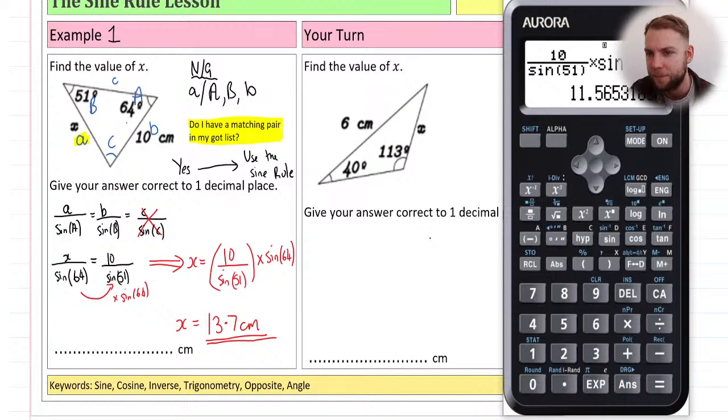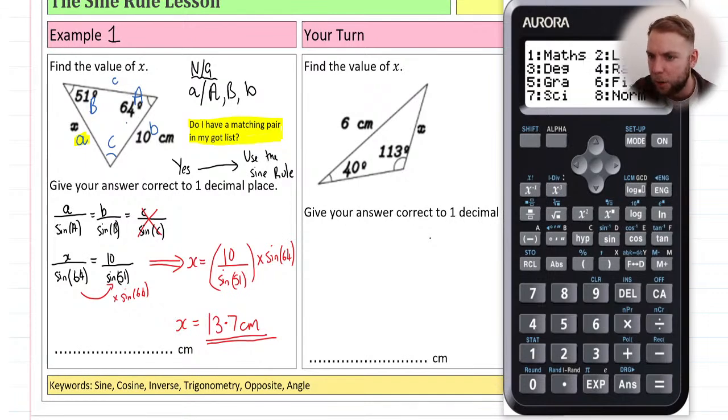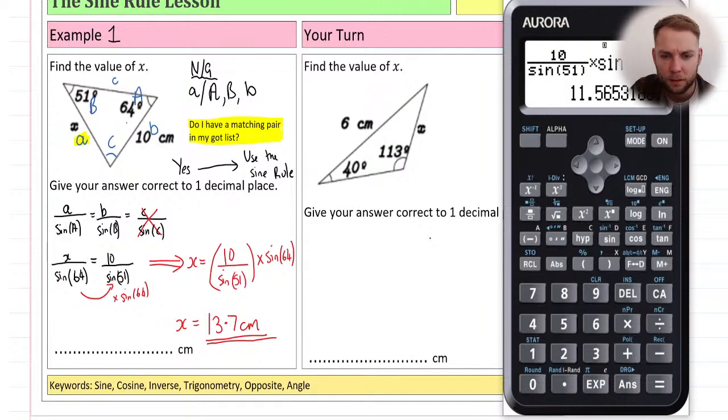So if I do that, I actually get a different answer. 10 over 51 times by sine of 64 is actually equal to 11.56. Let me just check that. Shift, mode, in degrees. Yeah, sorry, it's my fault. It's because my calculator was in radians, because I've been doing some A-level maths.